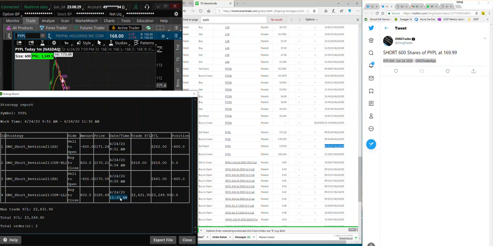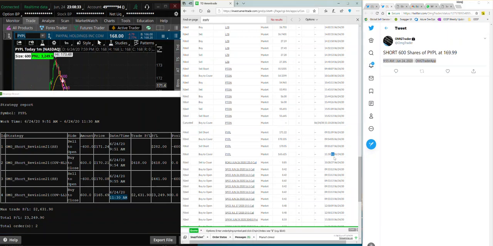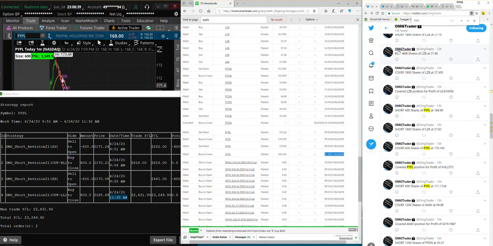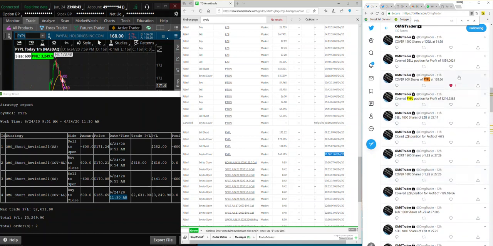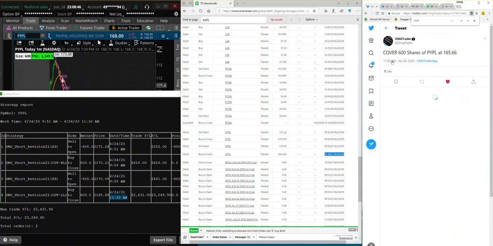And then it did a cover at 11:30 a.m., and you will see it actually did a real-time trade at 11:30. If I go back and look for the cover, you will see it did a cover at exactly 11:30. So it posted the cover position everywhere at the same instant as well.